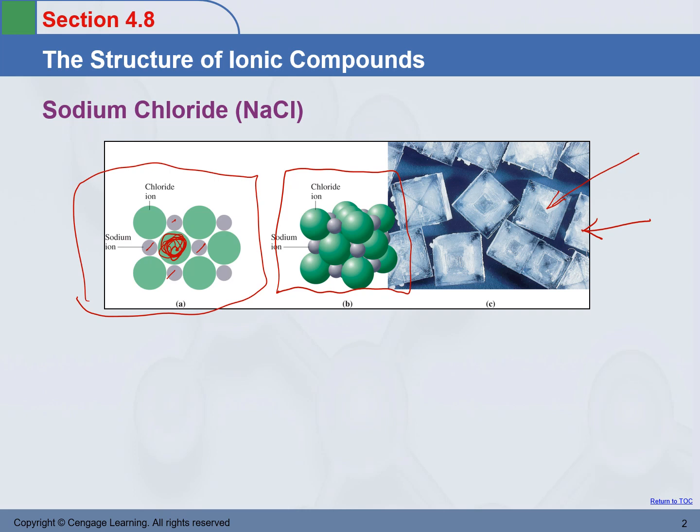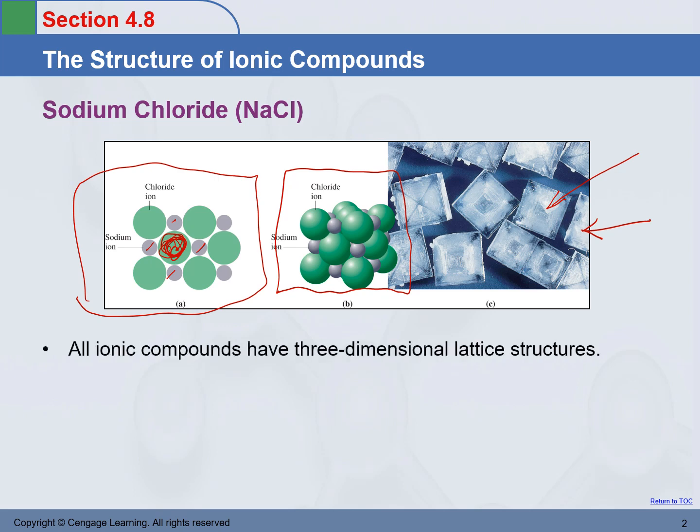So each chloride ion in space is actually surrounded by 6 sodium ions. Same thing is true for the sodium ion. Each sodium ion is surrounded by 6 chloride ions in three-dimensional space.